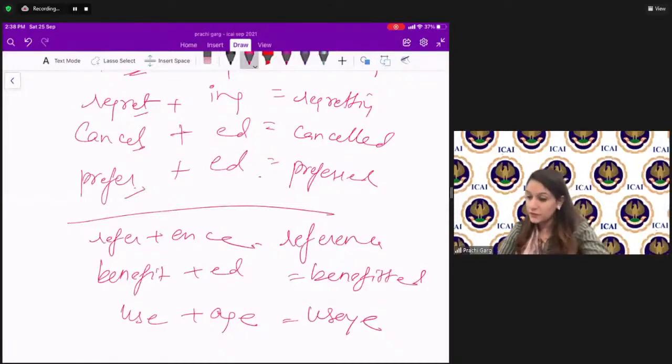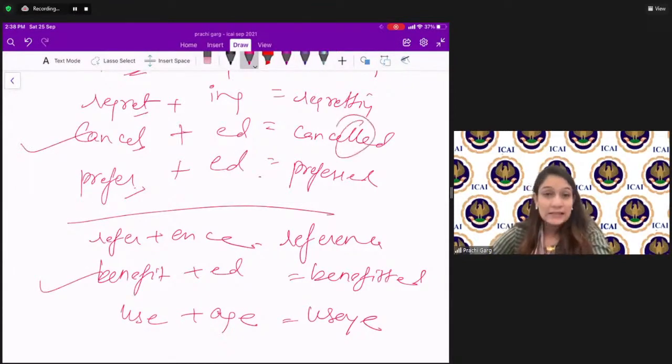Now, I want to specify one more thing in cancelled and benefited. In cancelled, even the double L would work. In benefited, only single T would also work.